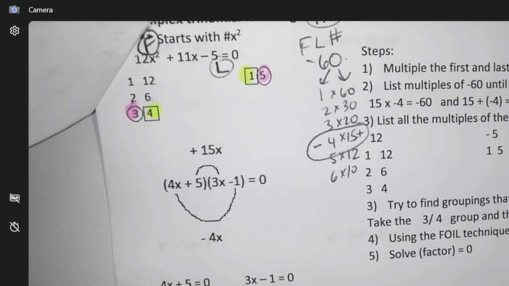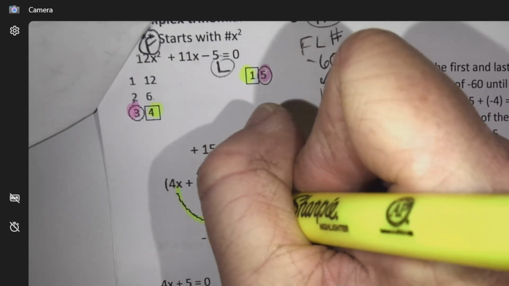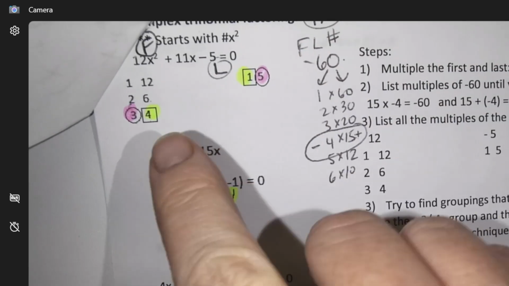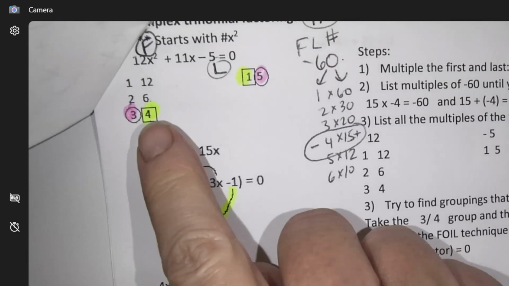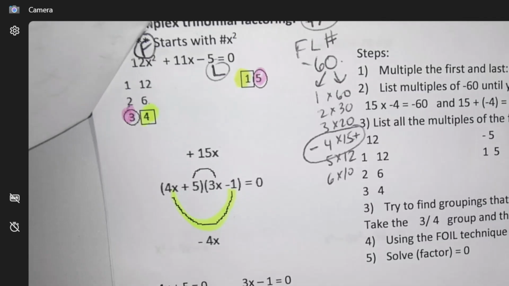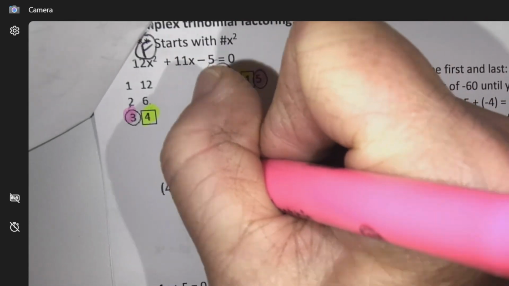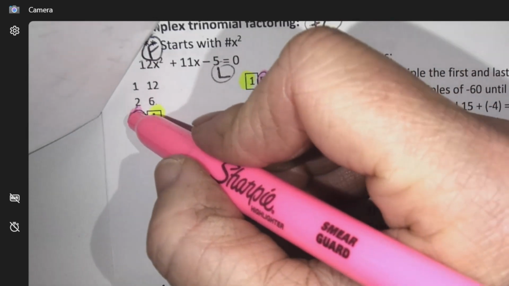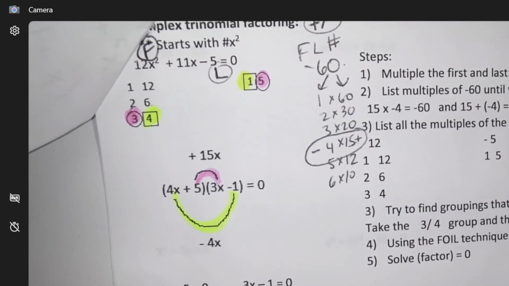Then on the outside, I'm connecting 4 with a 1. And then on the inside, I'm connecting a 3 with a 5. So do you see all my FOIL pieces?